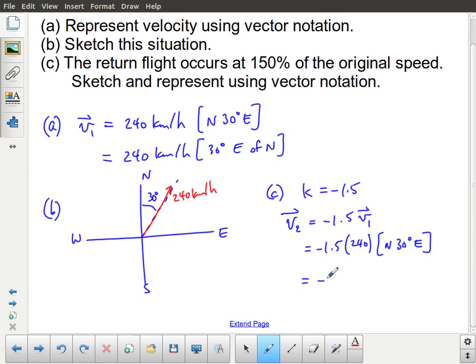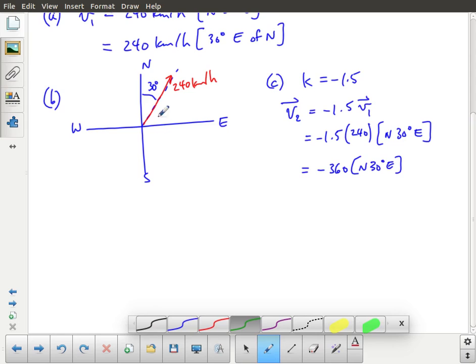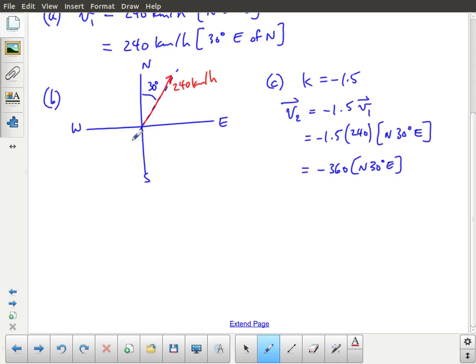And that's equal to negative 360 north 30 degrees east. But we're rarely interested in representing a vector this way. Much more useful to us is to represent this as a positive. But to do that, I think it might help for you to see it, so I'm going to take that line that we had and extend it.